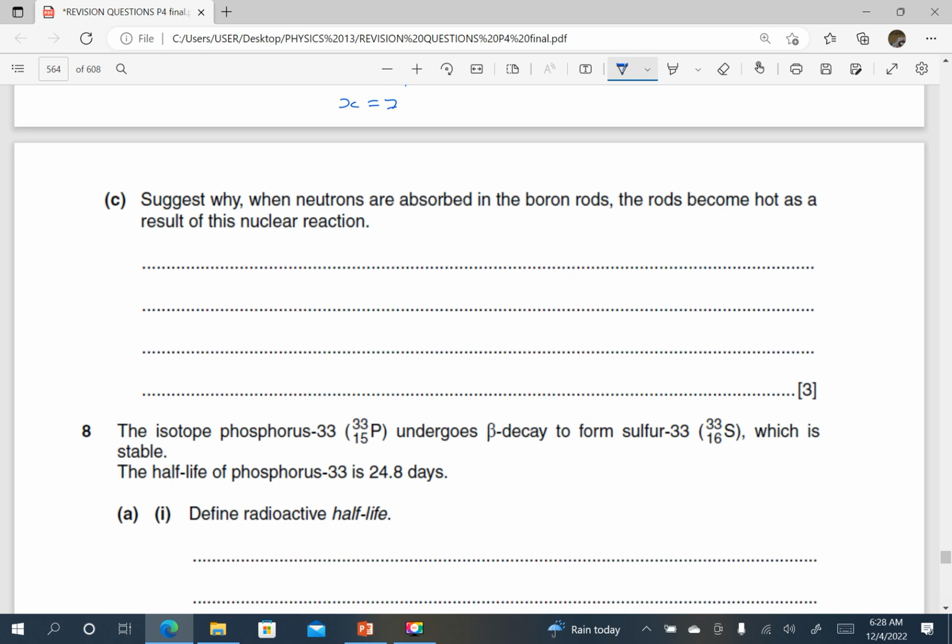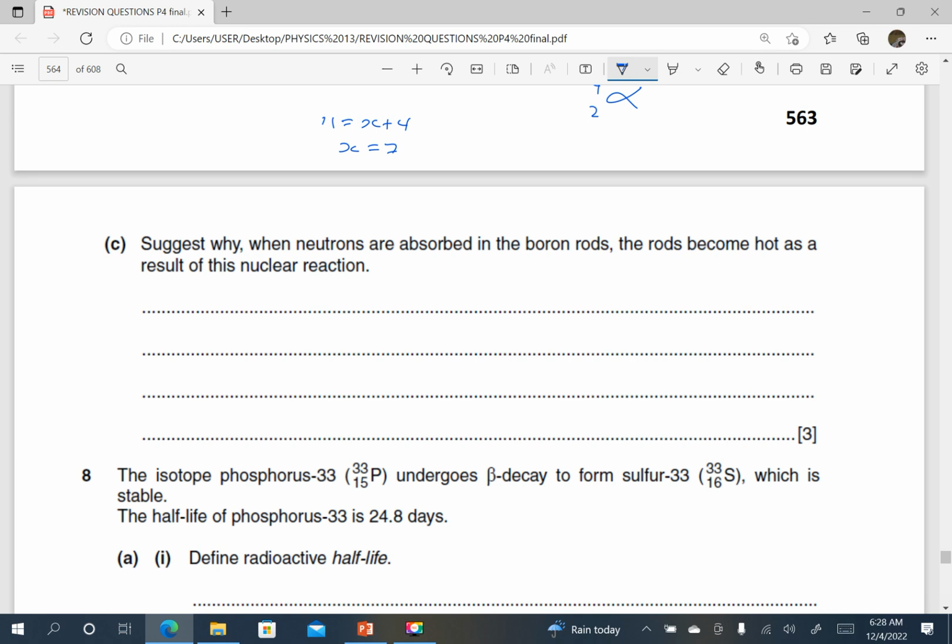So we can simply say the emitted particles, or the neutrons, have kinetic energy.